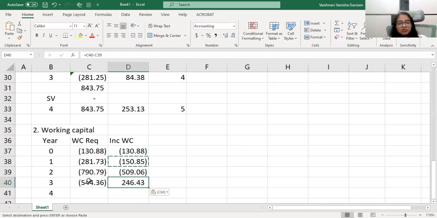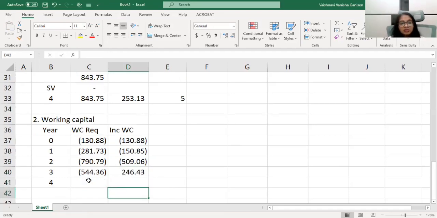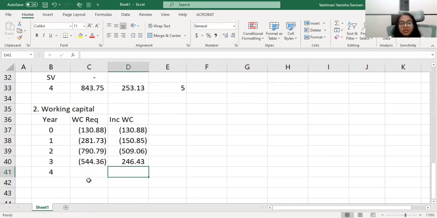Okay, you will notice, guys, please make sure everything is formularized, because if it's formularized, you are saving a whole lot of time calculating one by one. You can just copy and paste. Now you can see that from year 2 to year 3, since there is a reduction, your working capital is positive.